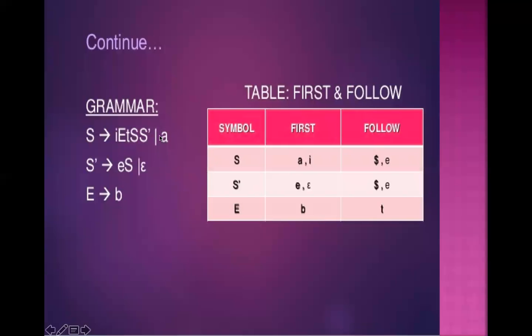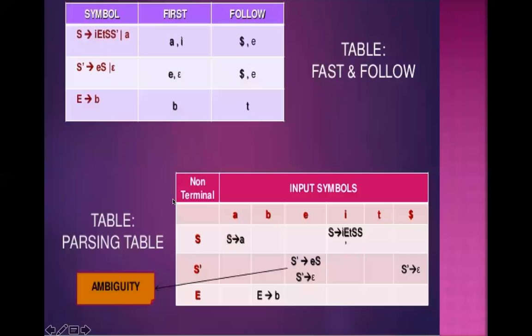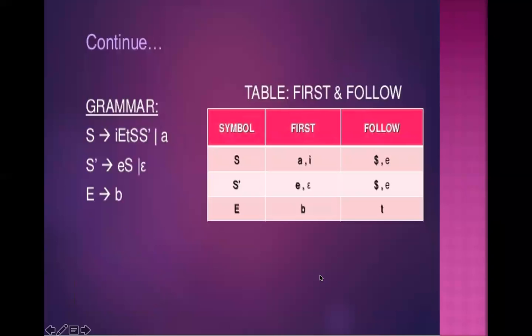So here see some more grammar. Here I have taken this, and I have calculated the first and follow. If I want to put the first and follow here, we get ambiguity. That means S dash tends to ES and S dash tends to epsilon, because in the first we got epsilon.